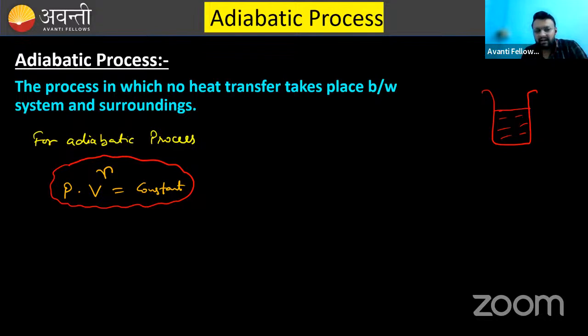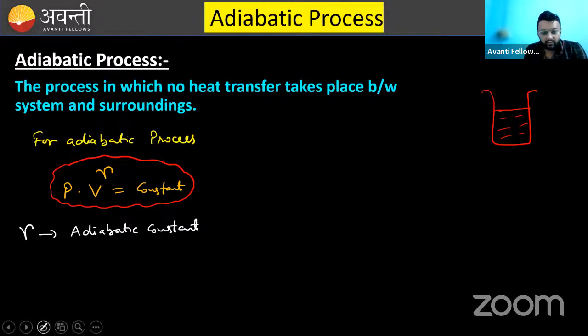And what is this gamma? This gamma is called the adiabatic constant. It is a constant, and it has some value.